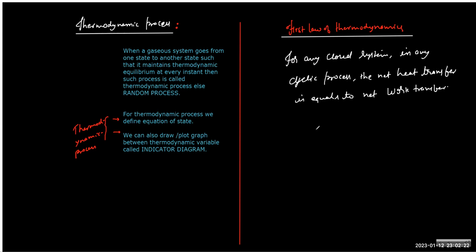So people were only aware that in a cyclic process, whatever heat you supply, it is going to perform the same work. So the total dQ and dW for the cyclic process is always the same. This is the actual statement of the first law.